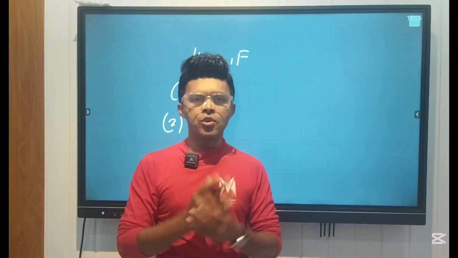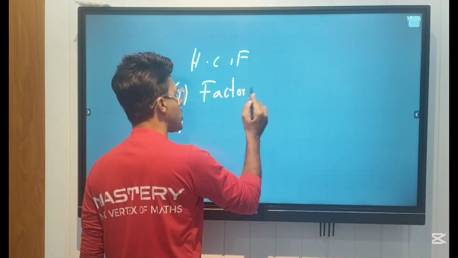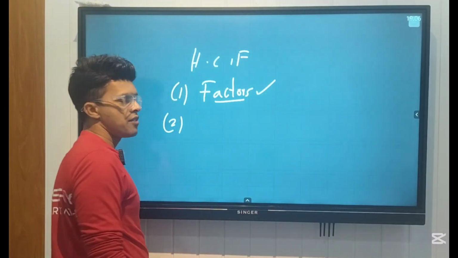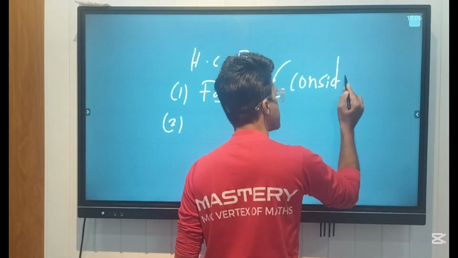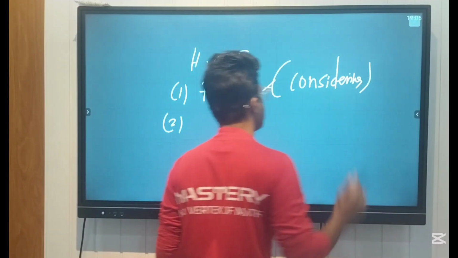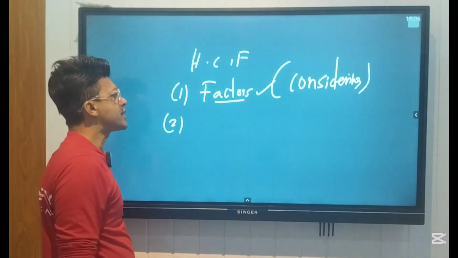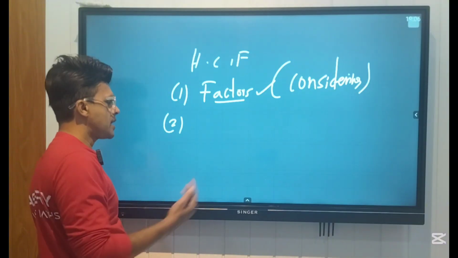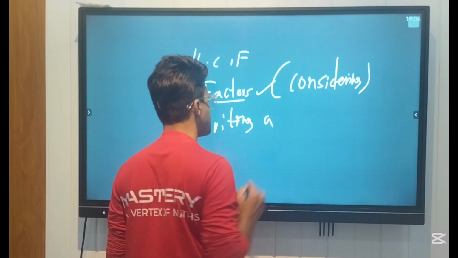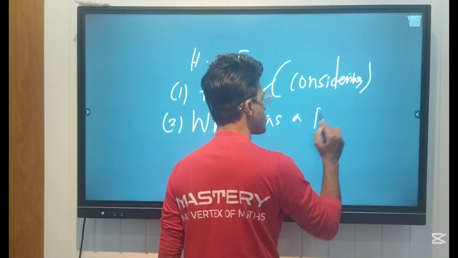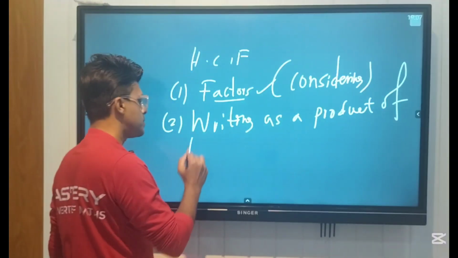Considering factors, you are able to get the HCF of given numbers. And also you could write the given numbers as a product of prime numbers.